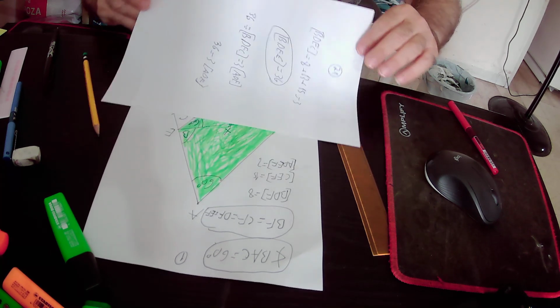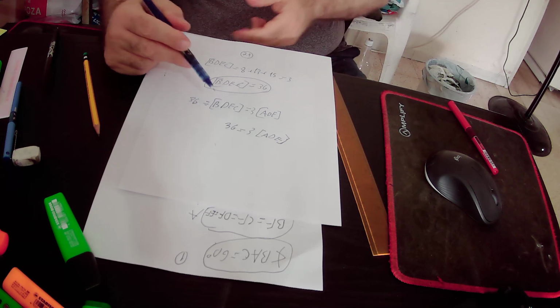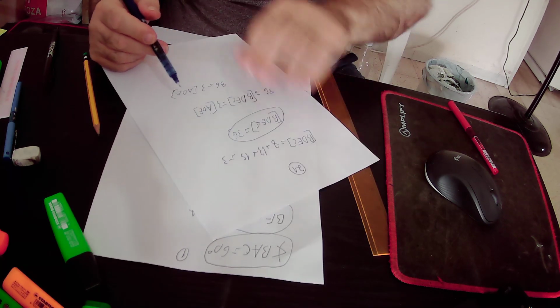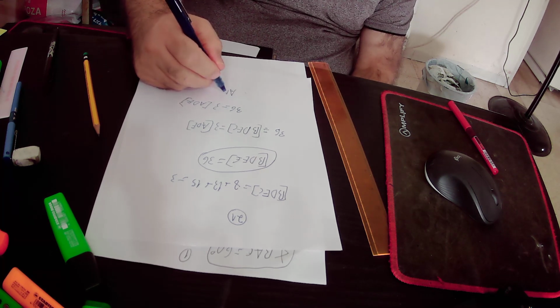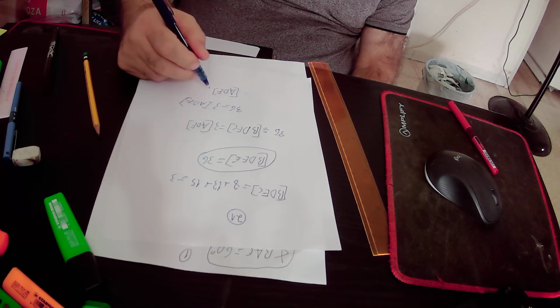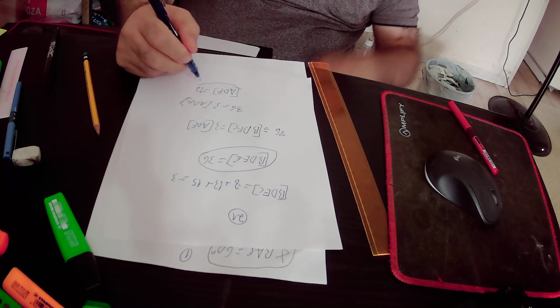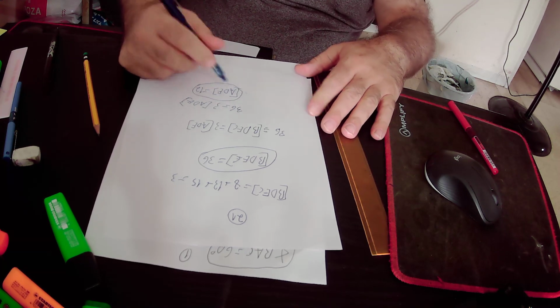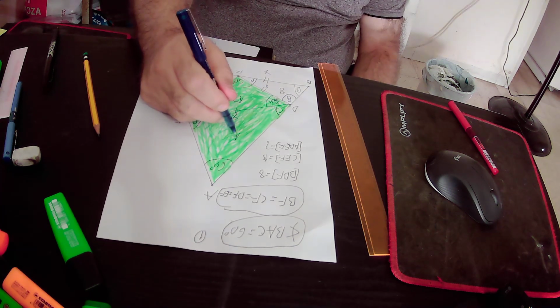Here we divide this equality by 3 and we get that the area of triangle ADE equals 36 over 3, which is 12 square units.